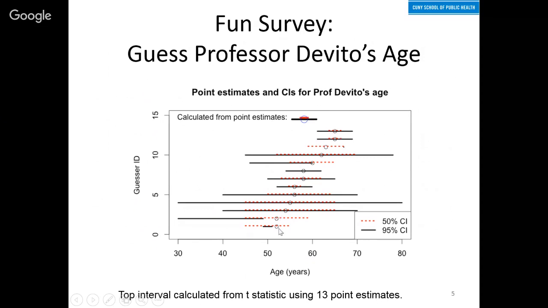So the lowest guess is about 52 years old, and the highest guess is about 63 years old. And then I put lines, so the point guess is the dot here, and then I've put the lines. The red dashed line is the 50% confidence interval, and the solid line is the 95% confidence interval.